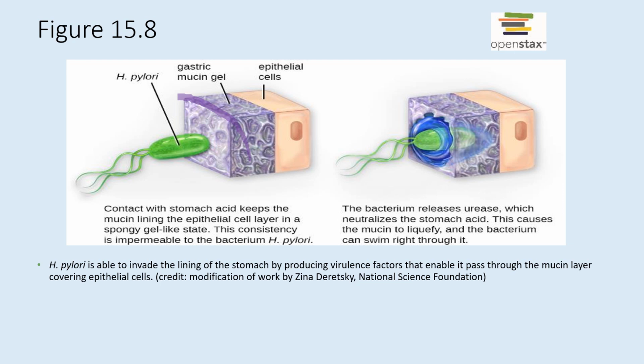And what it's going to do is penetrate through there until it reaches the cells underneath. But now these cells underneath, right here, are exposed to the stomach acid. This is inside the stomach here. It's now exposed.